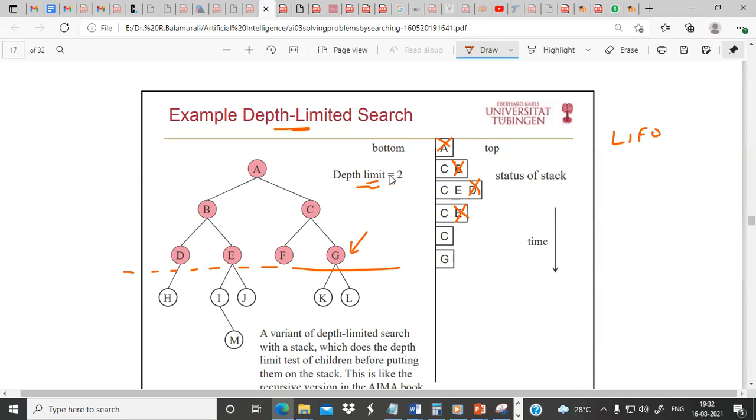So now what's the top of the stack? C. So remove C, check whether C is the goal state. No, C is not the goal state.